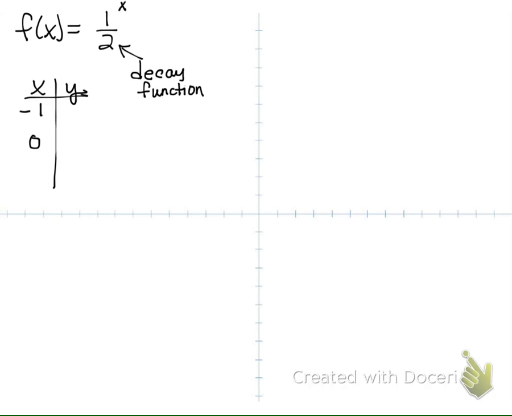Use the calculator. That's fine as well. Just make sure you use parentheses around your 1/2. Okay. So if I put a -1 in place of the x, I get a 2 out. 0 is obviously easy because anything to the 0 power is 1. So now when I plot these 2 points, I get -1, 2, 0, 1. And I think you see what's happening here. I get this shape.